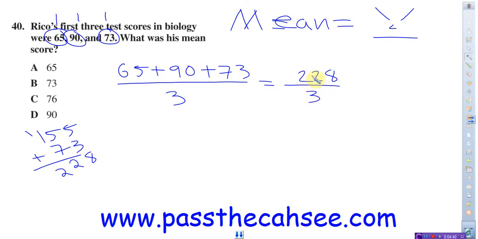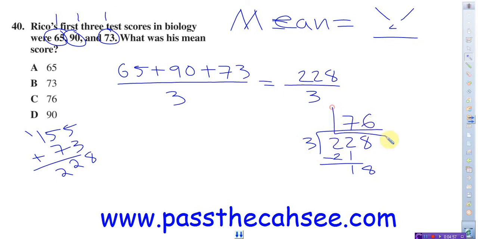Then 228 divided by 3. 3 goes into 22 7 times. 7 times 3 gives me 21. Subtract, I get 1. 3 goes into 18 6 times. So his average, his mean for his biology test scores is 76. Your answer would be C.